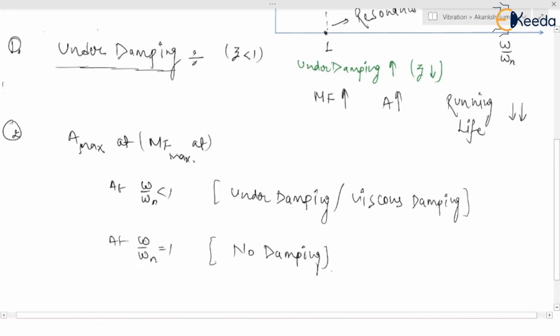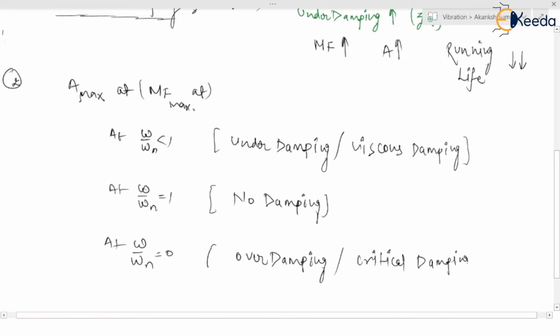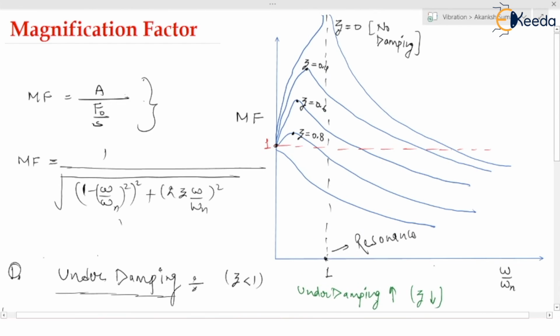But when I'm talking about the position omega by omega n is equal to 0, there is overdamping, this is overdamping or critical damping. Sometimes overdamping is called Coulomb damping.